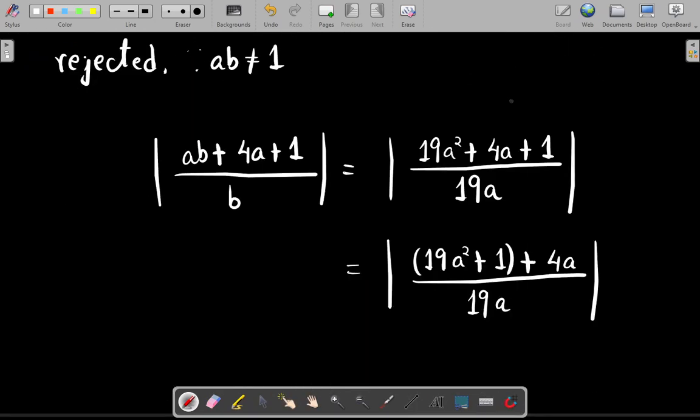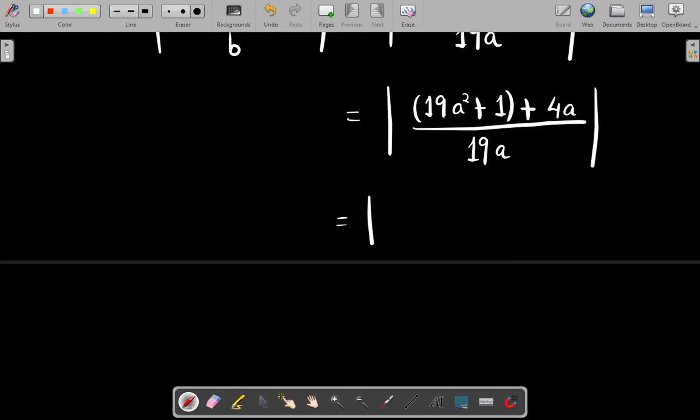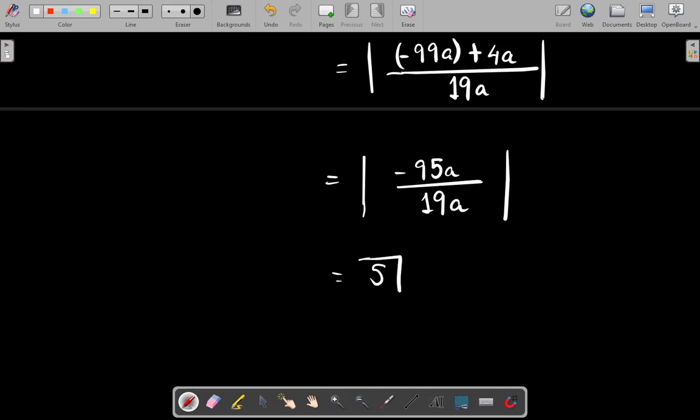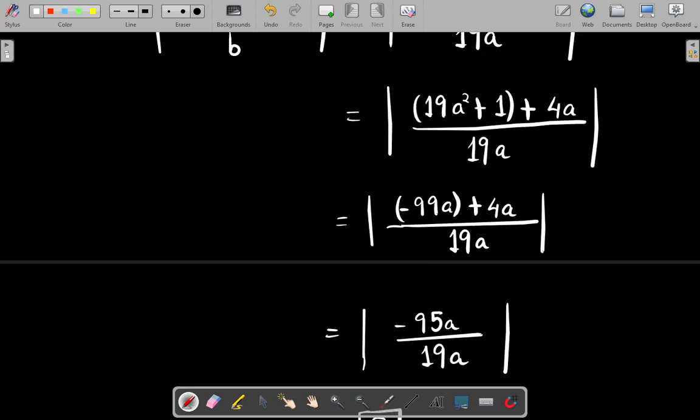Using that, we have (-99a + 4a)/19a, which is -95a/19a, that is -5. The modulus of -5 is just 5. This is the required answer.